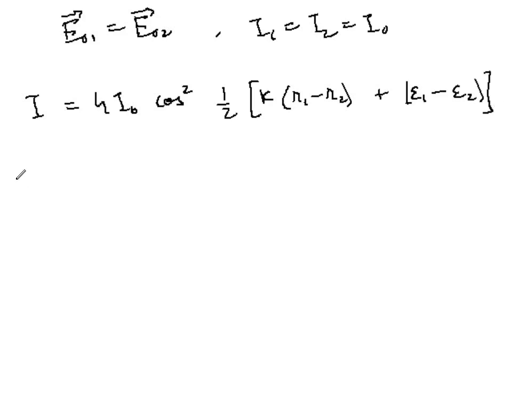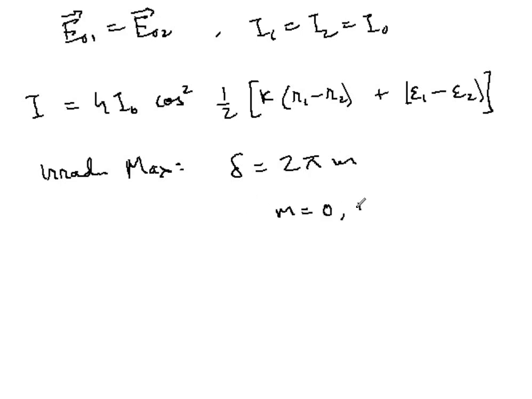Right? Now, as we know, the irradiance maximum occurs when delta is equal to twice pi m, where m is equal to 0, plus minus 1, plus minus 2, and so on and so forth.